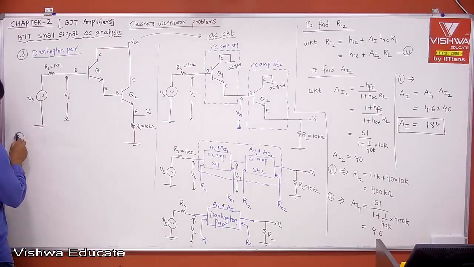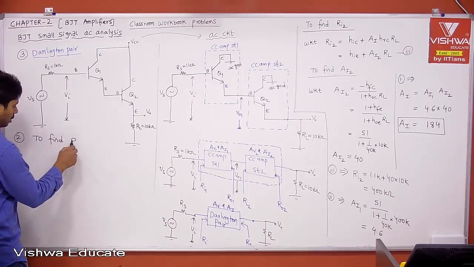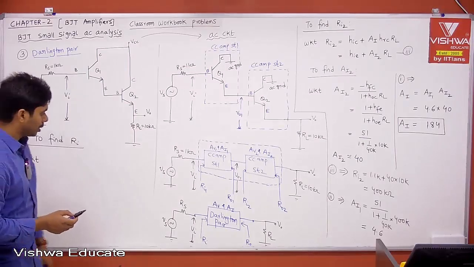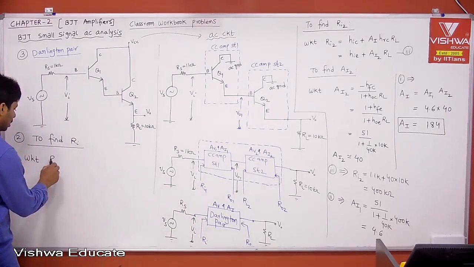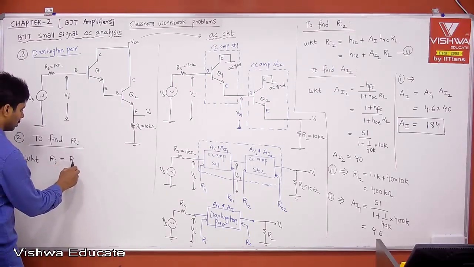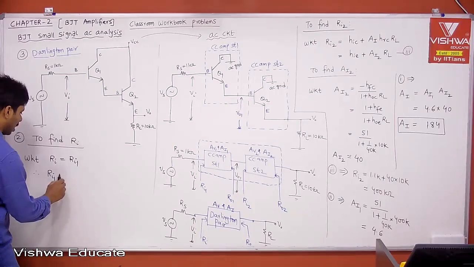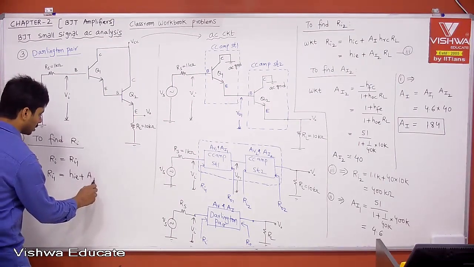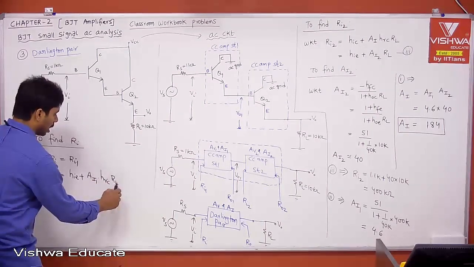We know that Ri is nothing but the first stage amplifier input resistance, so Ri is equal to Ri1. Therefore, what is Ri1? Ri1 is equal to hie plus first stage amplifier gain into hrc into RL.